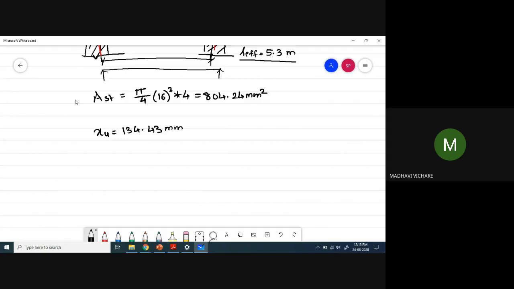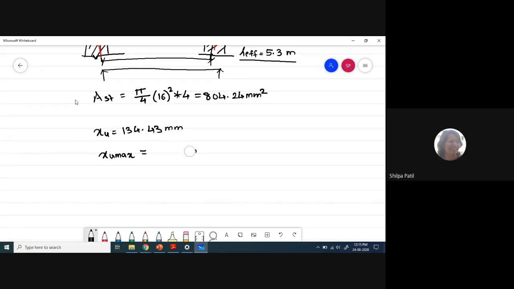So for the given data of a material, tell me what is XU max? 288 mm. Okay, what is the FY value? Wrong. I have not written it here.